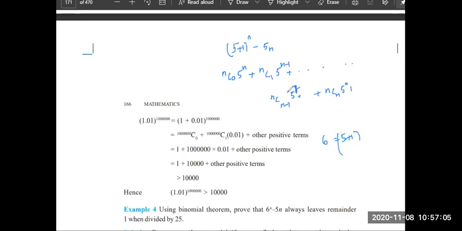Yes or no? That would be the expansion. First term, second term, and the last term and second last term. That's it. Yes, everyone?